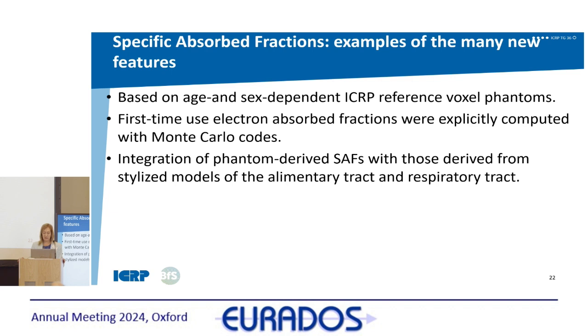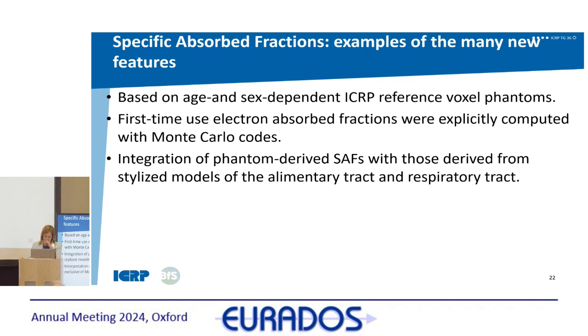So some tissues of the alimentary and respiratory tract are very fine and smaller than the voxel resolution. That's why the specific absorbed fractions of these tissues are calculated separately, and then they're combined with the voxel-based calculated SAFs.